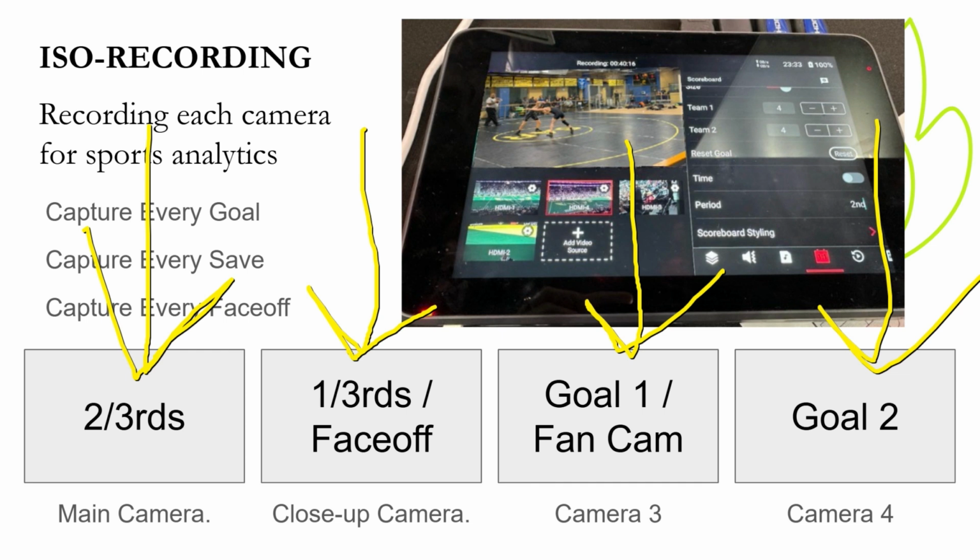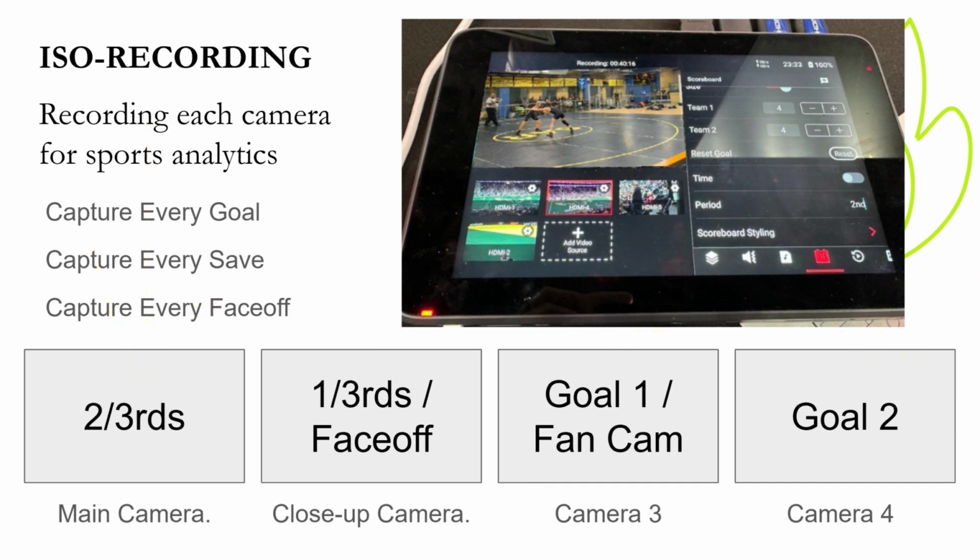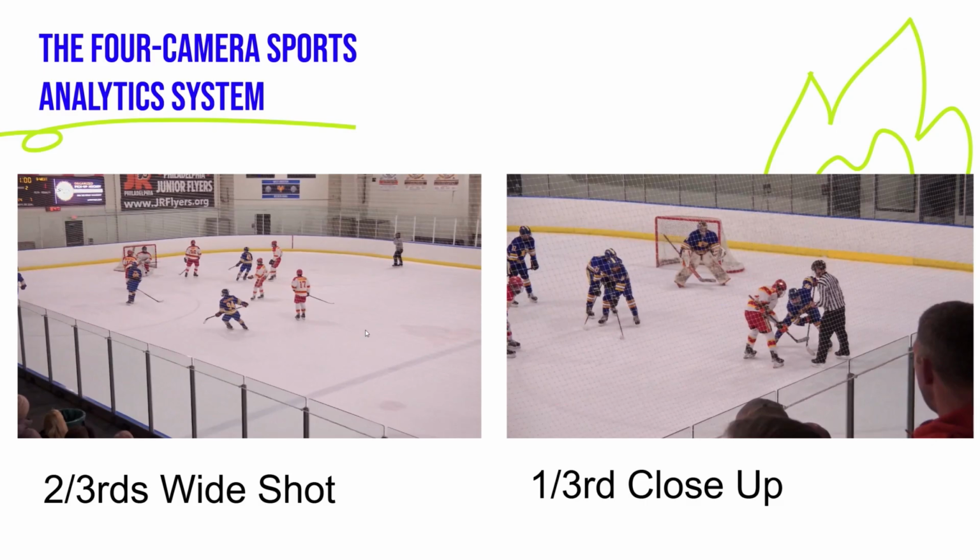On my iPad right now, you have the ability to bring in up to 4 camera angles with the instant replay system. They're all independently recorded, so the coach can decide which one of these they want to look at. That really helps coaches to review all of these plays.